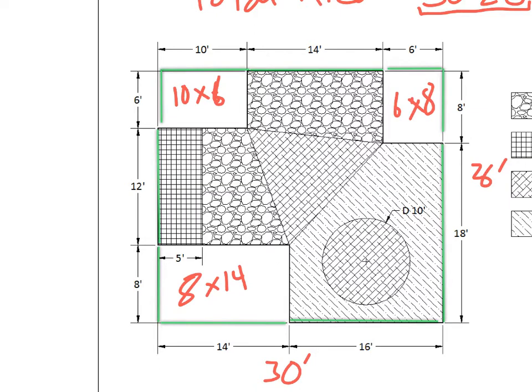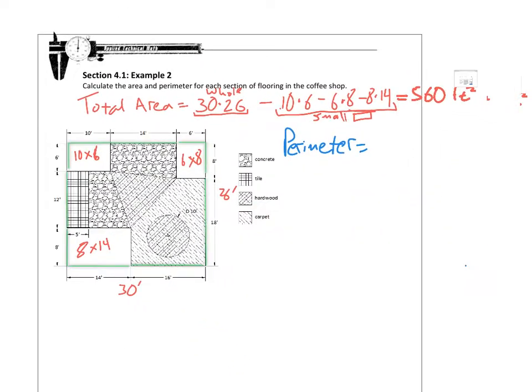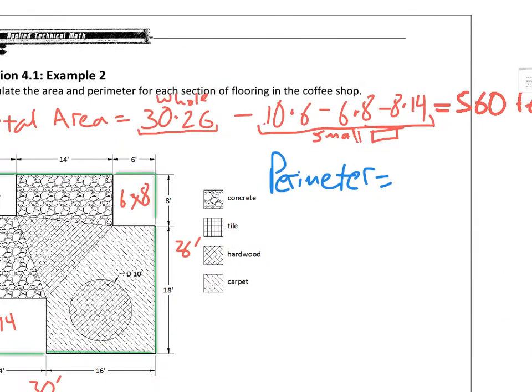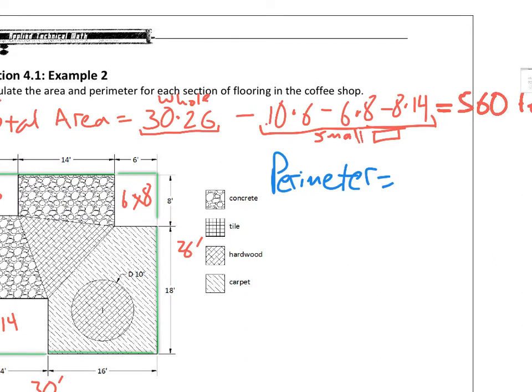So let's just find the perimeter of the whole thing. The perimeter of the whole thing is the perimeter of that rectangle there. We found out the rectangle is 30 by 26. So the perimeter is going to be two 30s, two sides that are 30, so 2 times 30, and then 2 times... I kind of jumped the gun here.